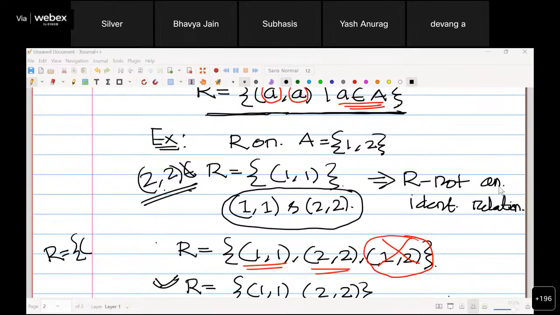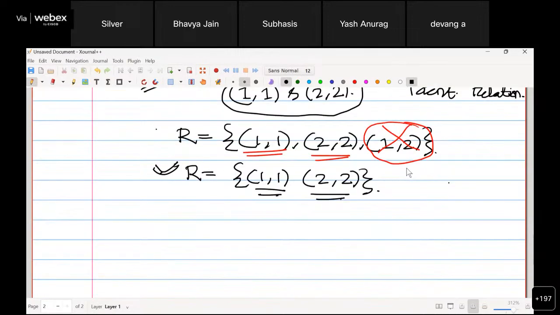Actually, I am asking that if A has 1, 2, 3, then R should be 1, 1, 2, 2, 3, 3. Is it the right or wrong answer? Again, you are changing your set A, right? 1, 2, 3. So what is your relation on this set A? R should be 1, 1, 2, 2, 3, 3.